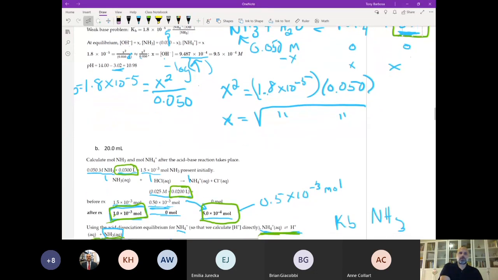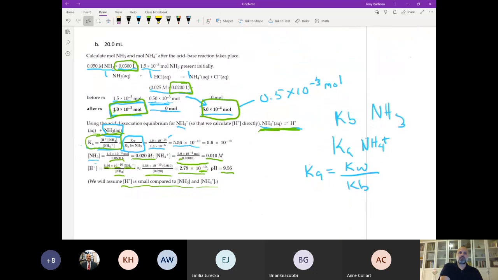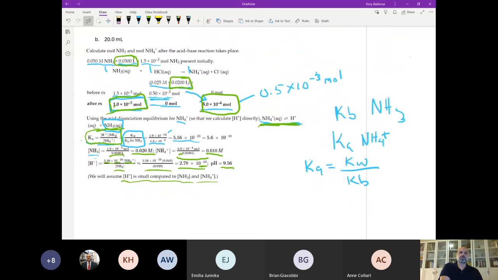The second part is what happens when a neutralization reaction occurs. So it's a stoichiometry reaction followed by another reaction where we're just simply measuring a Ka. The reason for that is because now we actually have ammonium ions present, so this is a Ka equation.